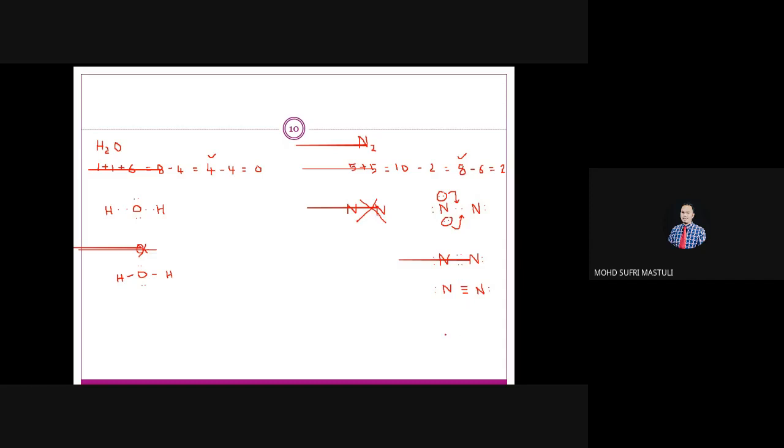So, yes, we have followed the procedure that we learned in the previous slide, but I have another way to draw the Lewis structure. It's easier compared to the previous slide, so there is no need to remember the steps.